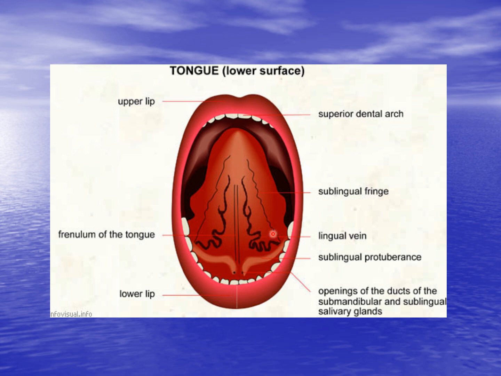Lateral to the vein, the mucous membrane makes a serrated fold. This is called the fringe or fimbriated fold. In the floor of the oral cavity, you are going to see this papilla, in Arabic halama.